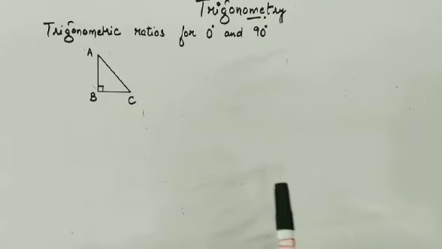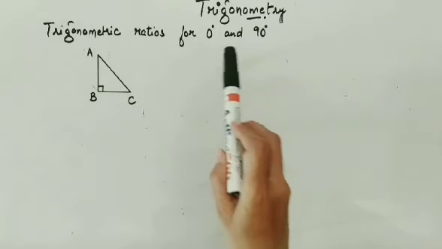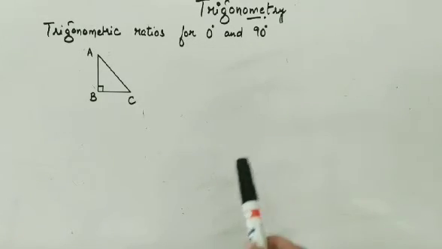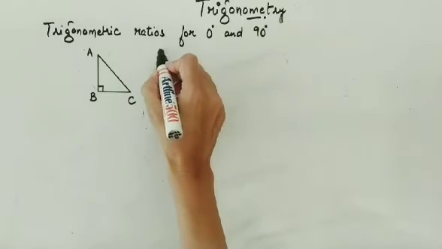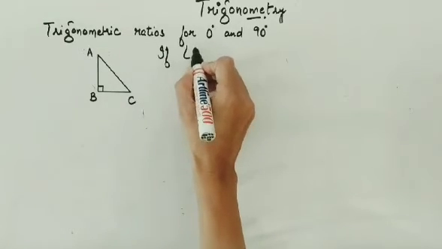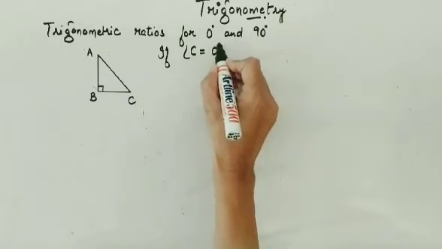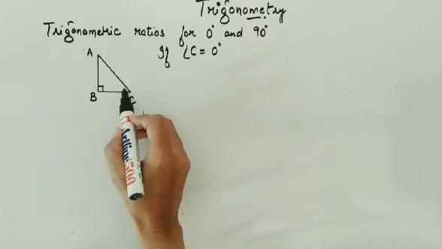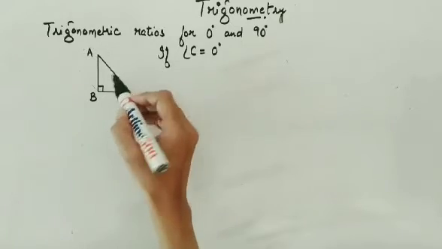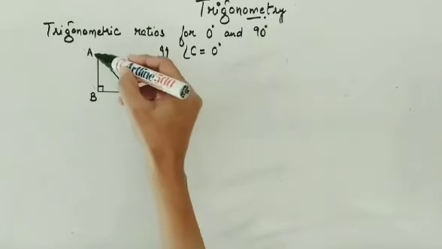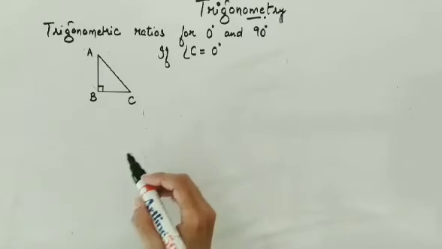Let's now derive the trigonometric ratios for 0 degrees and 90. Let us first understand for 0 degrees. Now see, if we want that angle C should be 0 degrees, what would be the changes which would occur on these sides AC and AB?